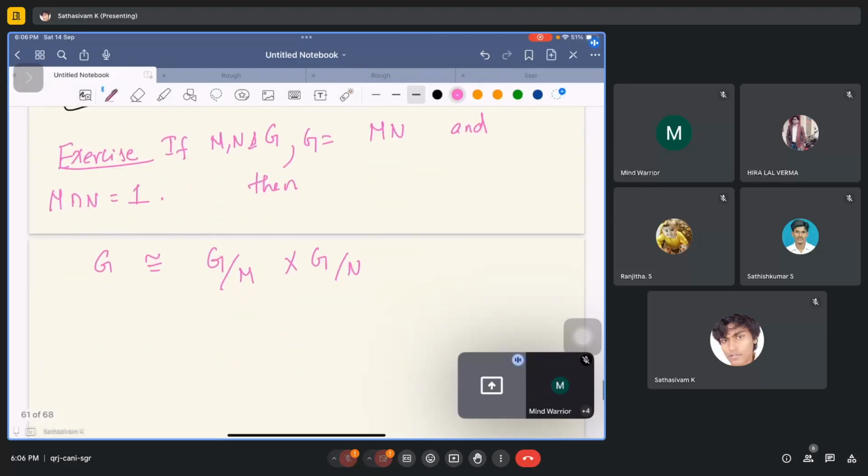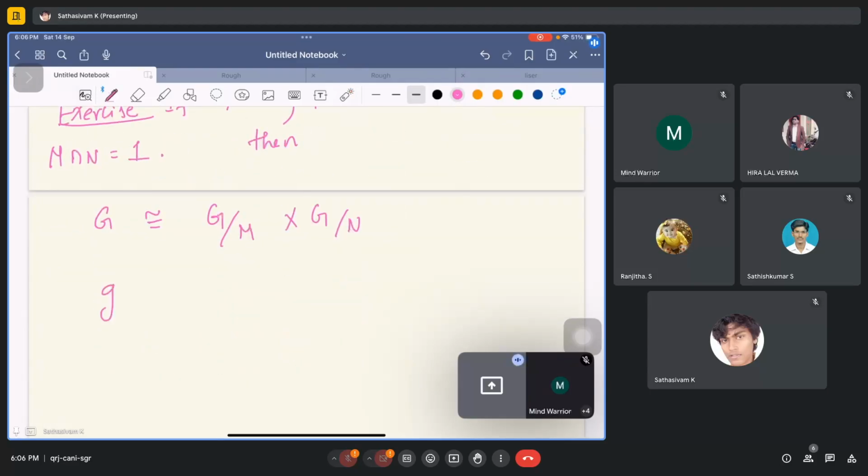So basically what you do is you take the G here and map it into G/M cross G/N, okay? Now you prove that this map is injective and surjective.